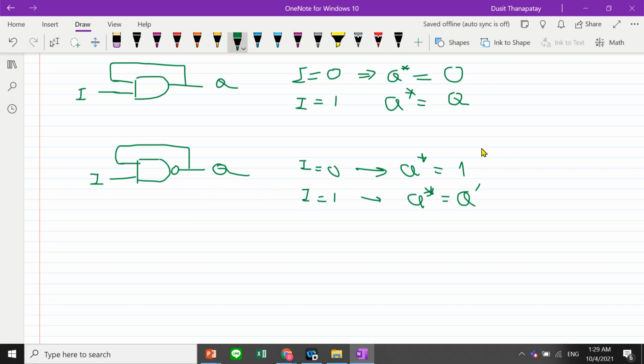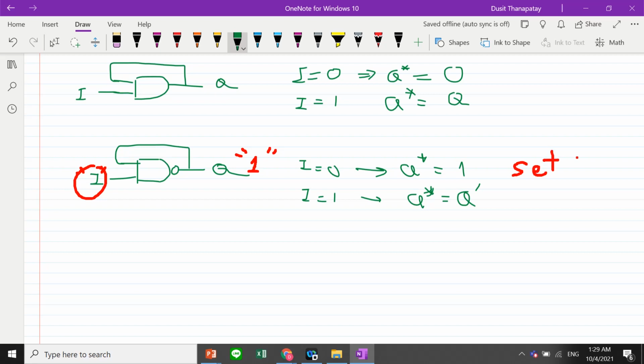And some words that you should know about this. Let us start from this one. When you apply some input into the circuit and it makes the output to be 1, in this case it's called set.